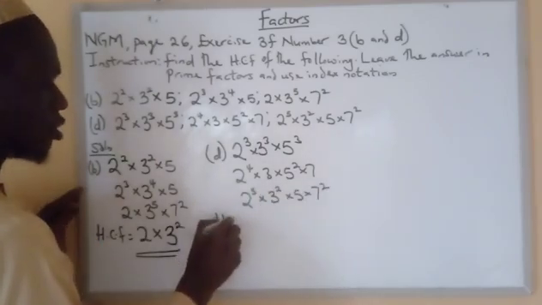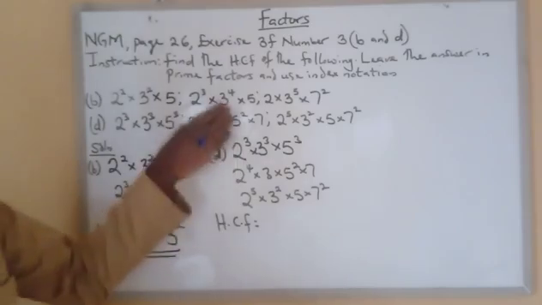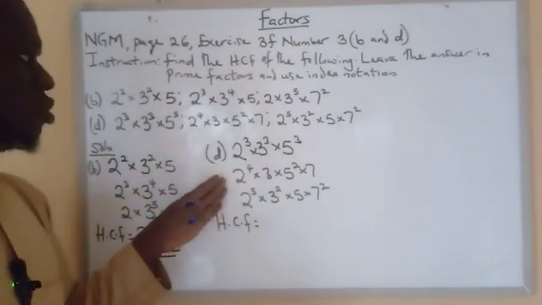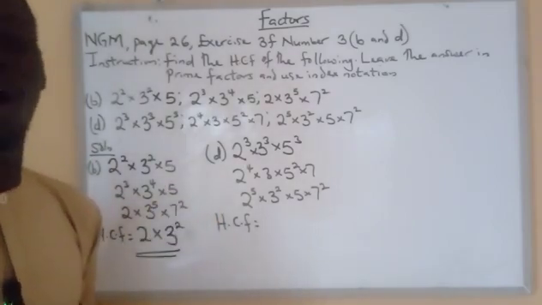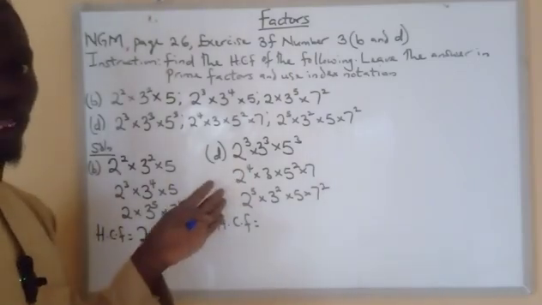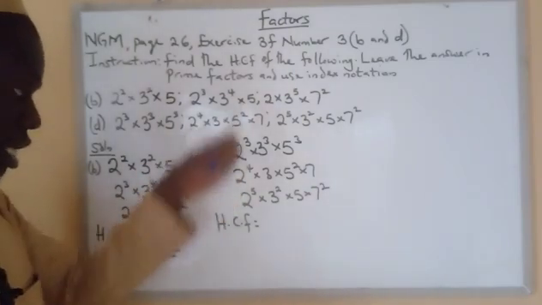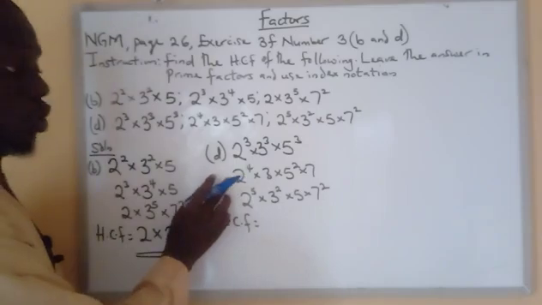The HCF, we solve the same way we solved the previous part. The common 2s here is 2 to the power of 3, 3 2s. Multiple of 3 2s is common here. If you remove 3 2s from here, you have a single 2 remaining.